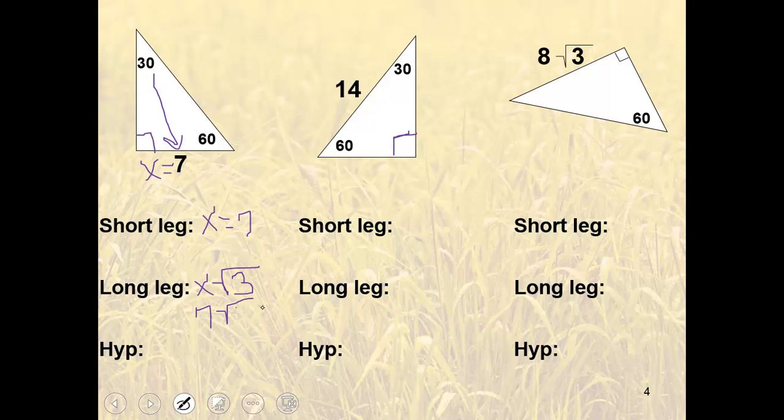Seven times the square root of 3. That's my long leg. So over here I'm going to write 7 square roots of 3.